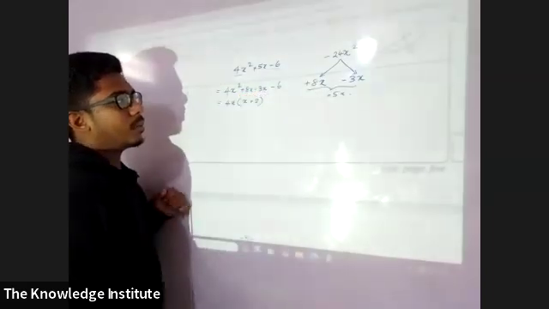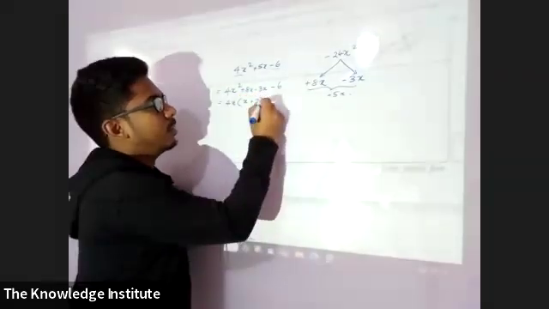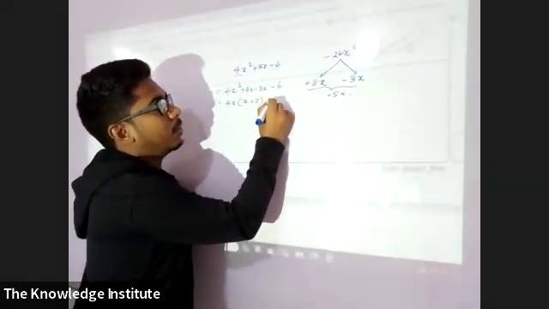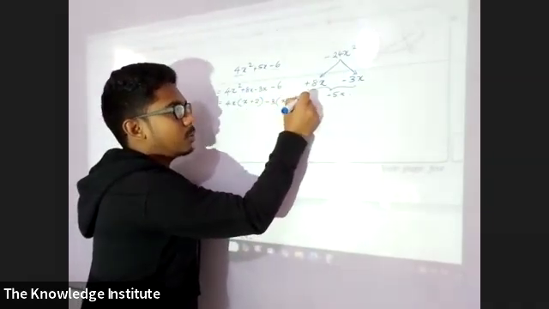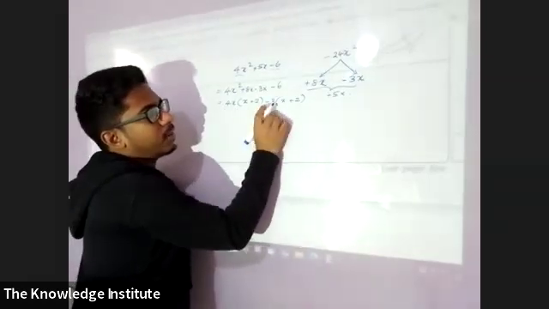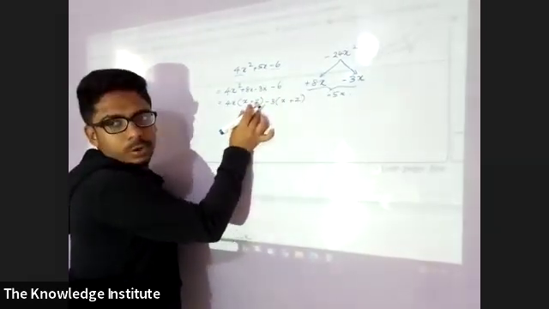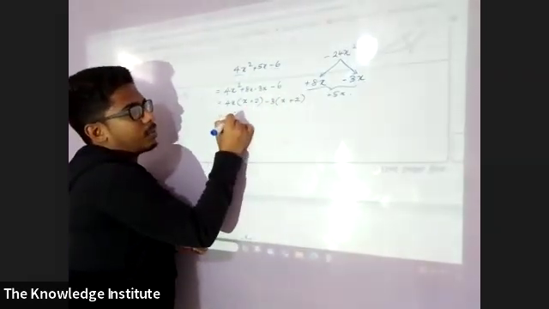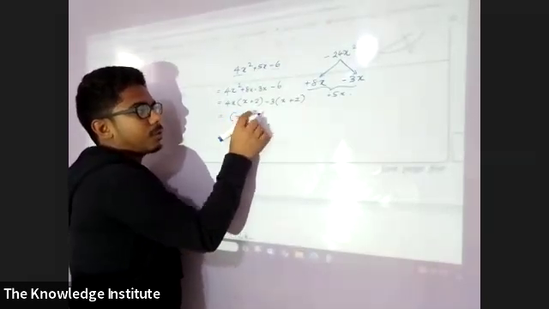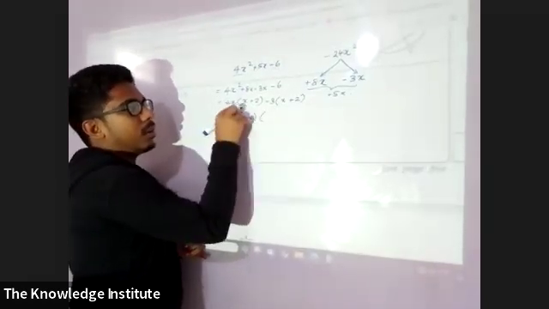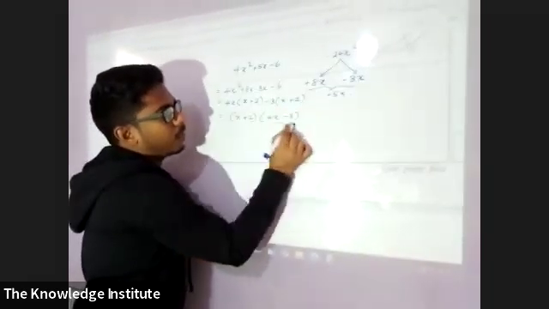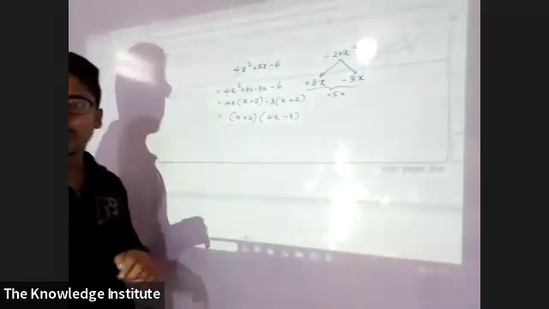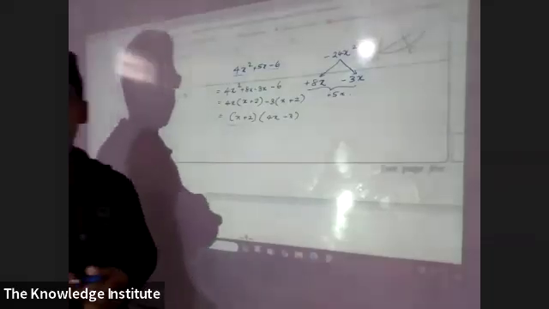In these two terms, if we take minus 3 out, this becomes plus 2. So in this term and in this term, x plus 2 is common. So we can take x plus 2 out of the bracket, and the remaining is 4x minus 3. So therefore the factors are x plus 2 and 4x minus 3.